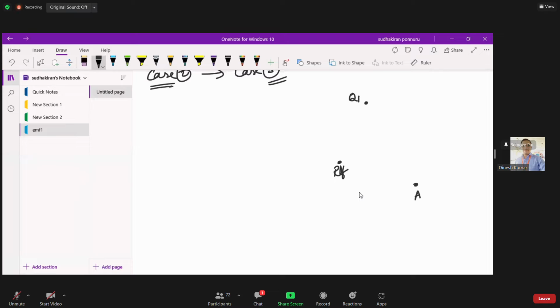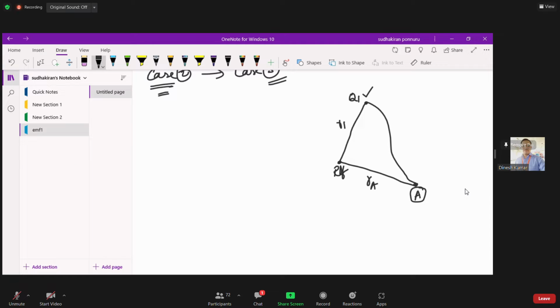See here, Q1 is at a distance of R1, and now you are moving this Q1 to the new location of A, and this new distance is RA. If you want to find the potential at A because of this point charge Q1, that is nothing but our case 2.